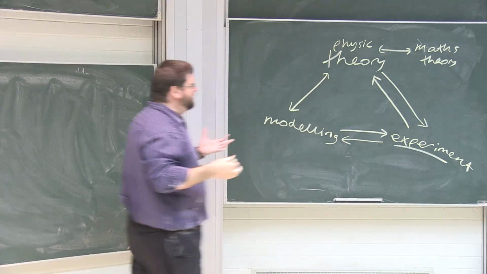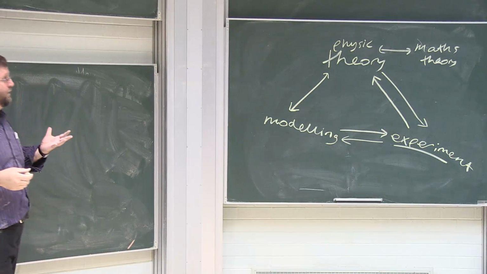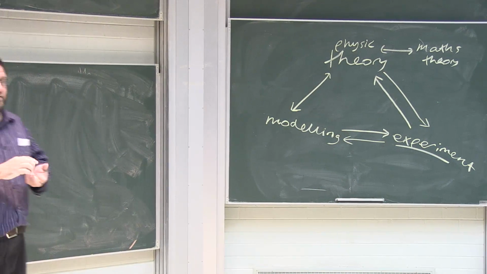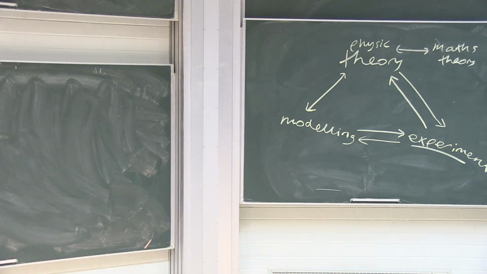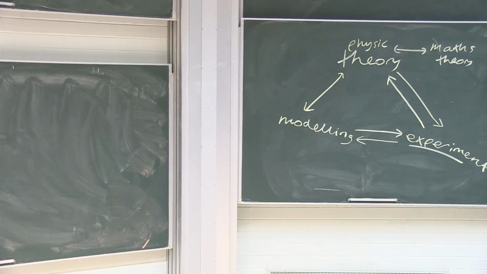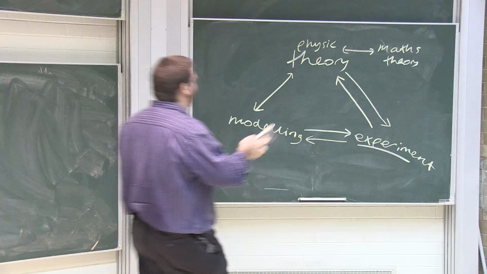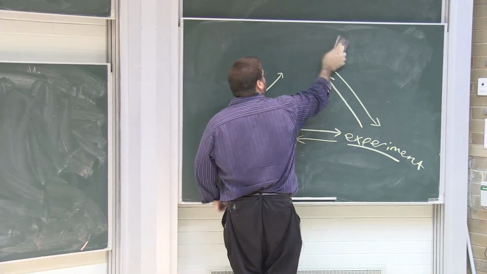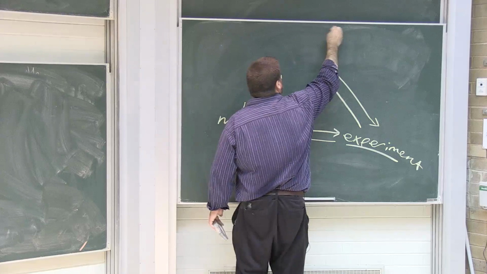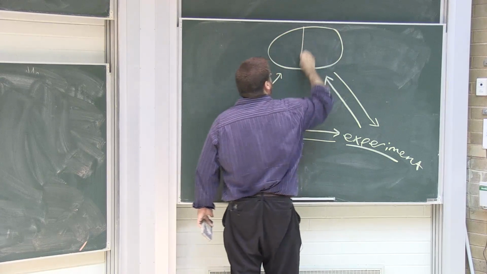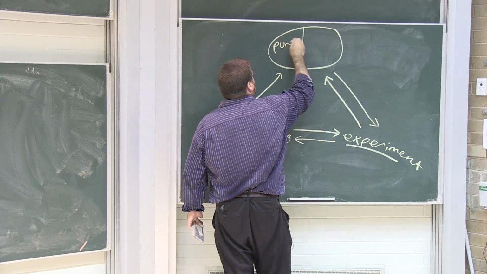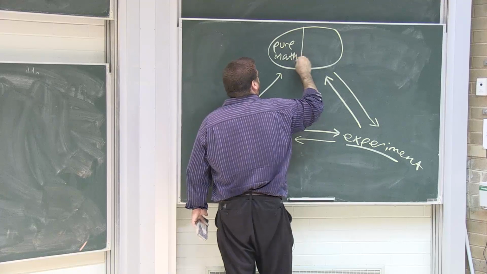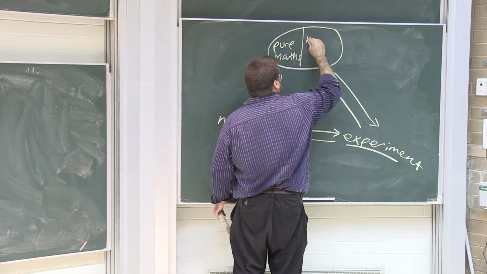So, for example, the pure mathematics theory of differential geometry certainly existed before Einstein applied it to general relativity. Now, I'm uncomfortable with having maths off to the side as if it's implying it's somehow less important. I see them as equally important, but these things also interplay. Let's say pure maths and mathematical physics.